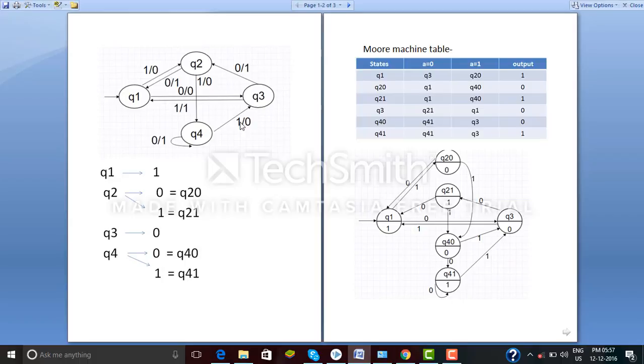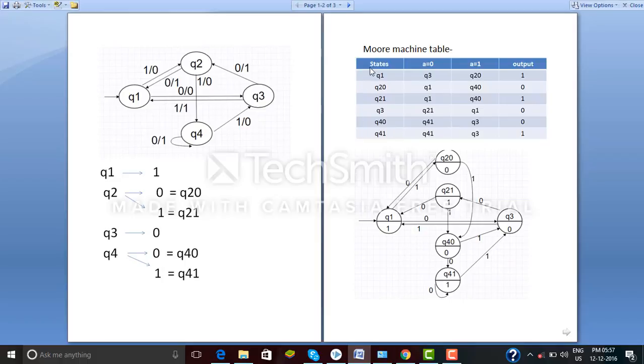Q4 0 and Q4 1 both correspond to the Q4 state in the Mealy machine. That's why if we give input 0, it goes towards the Q4 state with output 1. That's why we write here Q4 1, not Q4 0. And by giving input 1, it goes towards the Q3 state. So we write here the Q3 state.